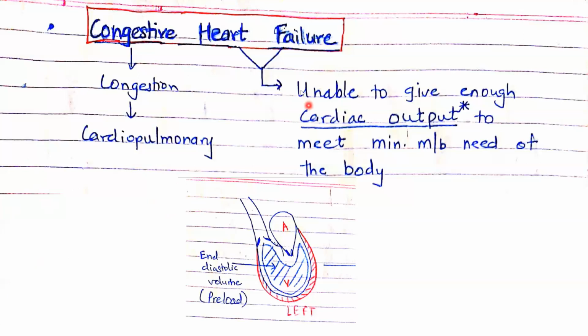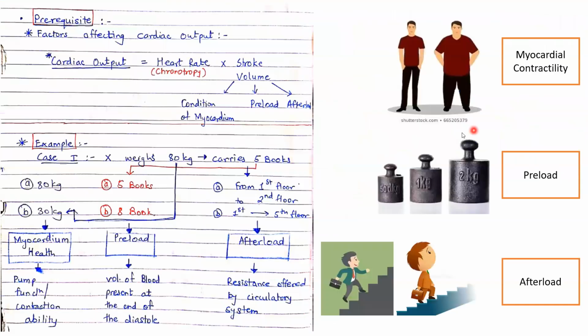But when your heart is unable to give enough cardiac output to meet the minimum metabolic need of the body, then it is said to be heart failure. So to understand in which cases the heart will fail, you have to understand which are the factors that affect cardiac output. So we go ahead.